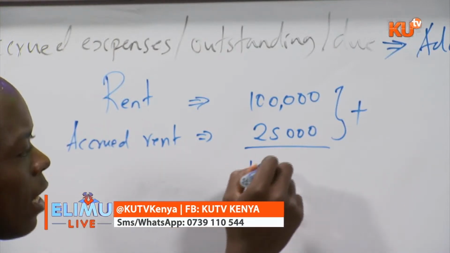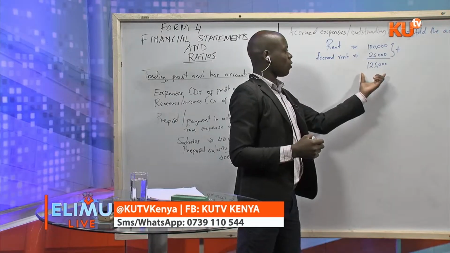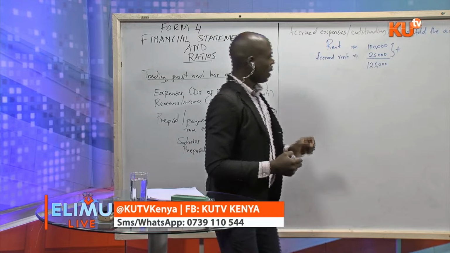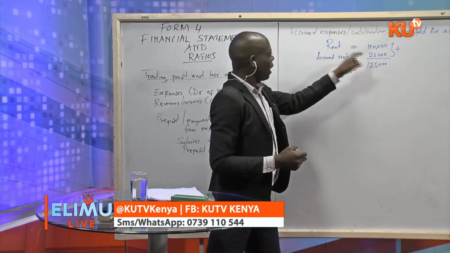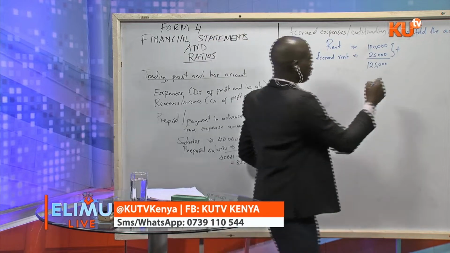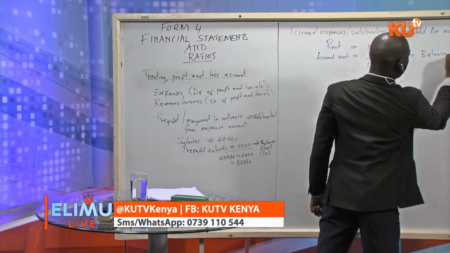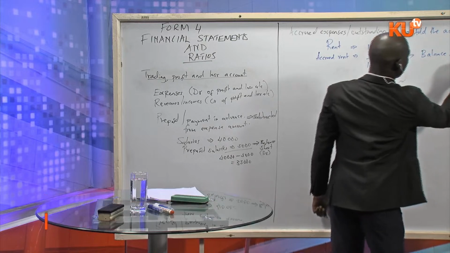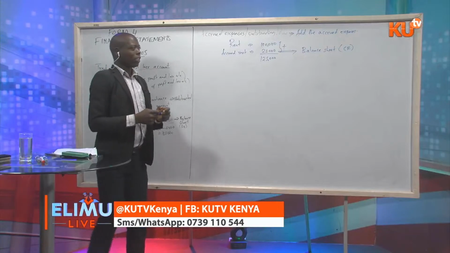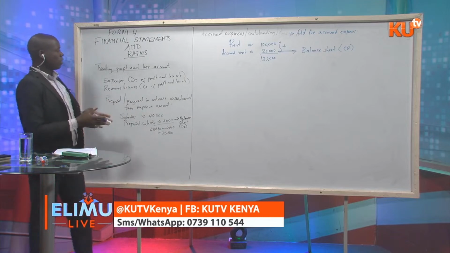This gives us 125,000. So this is what will be captured in the profit and loss account as rent expense. However, when making the balance sheet, we transfer the accrued rent to the balance sheet, on the right hand side, that is the CR side, as a short-term liability.